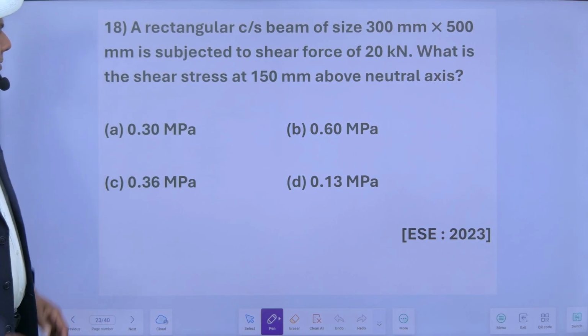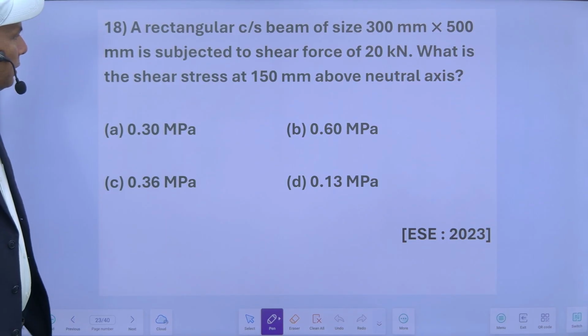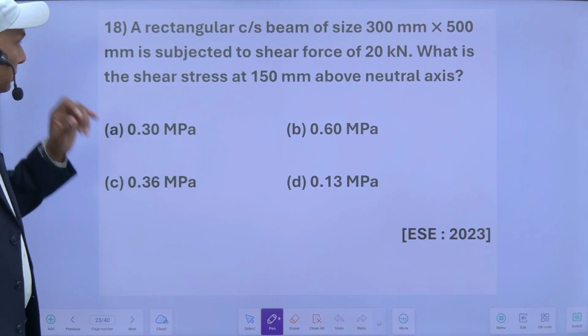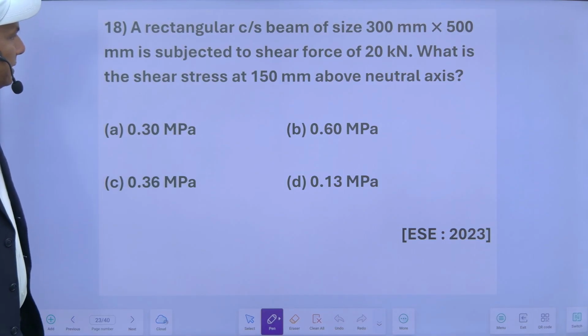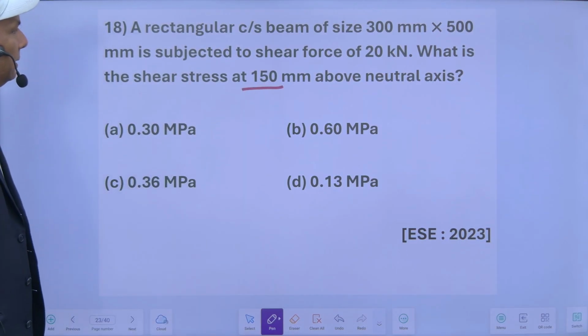A rectangular beam of size 300 mm into 500 mm is subject to a shear force of 20 kN. What is the shear stress at 150 mm above the neutral axis?